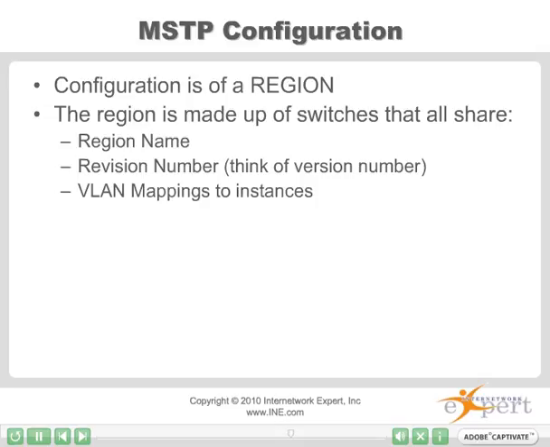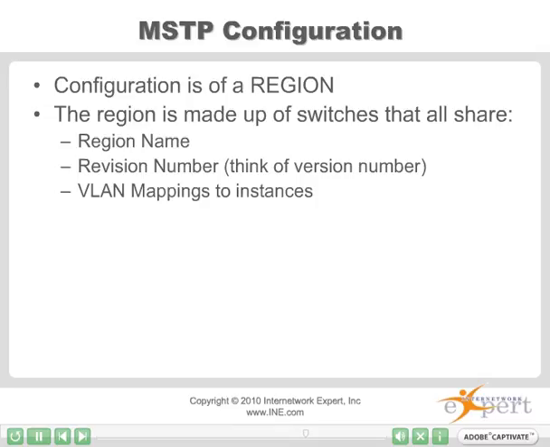I think the thing that's so confusing for folks on this is they get it confused with the configuration revision number in VTP, and they think that's how this works. No, nothing like that. Just think of it this way. I think this is the best way to do it. Your region name, just think of it as a two-part name. You got a name and a number that actually make up the name of the region. I think that should help you.